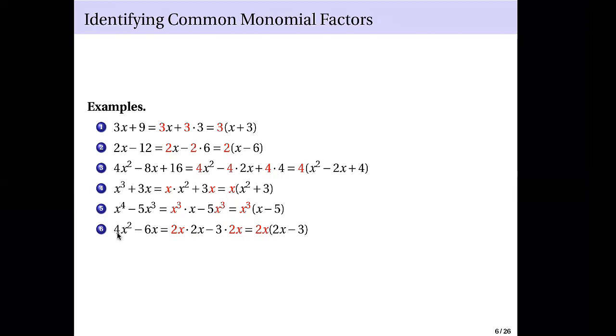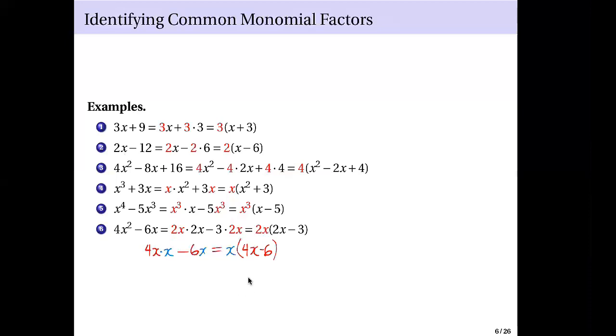You can work longer on this polynomial by, say, starting maybe by looking at x only. So here, say you have 4x times x and then minus 6 times x. So you might write that this is now x times 4x minus 6.